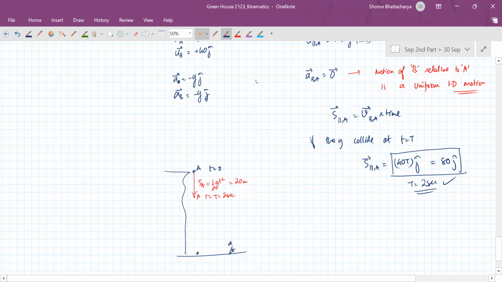Whereas B started from here at t equal to 0 with 40 meters per second. So in a matter of 2 seconds, the magnitude of B's displacement will become 60 meters.